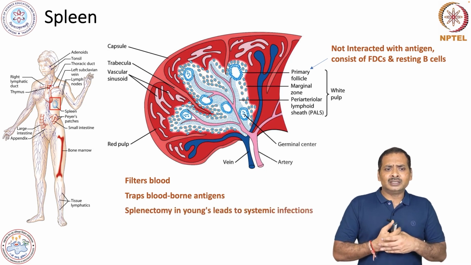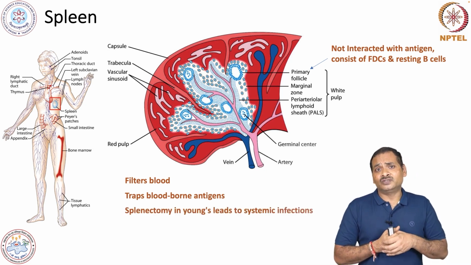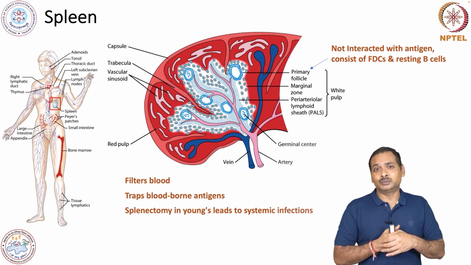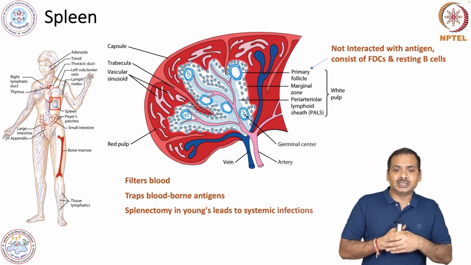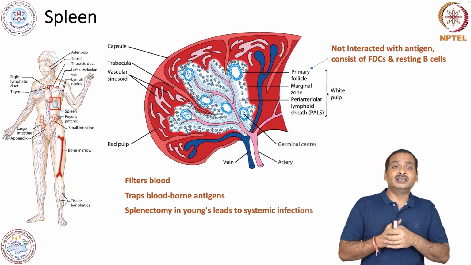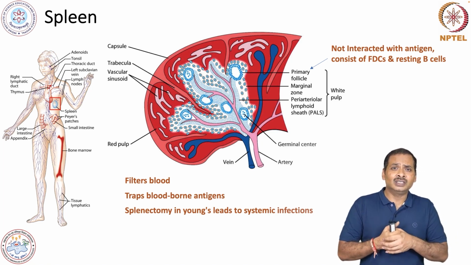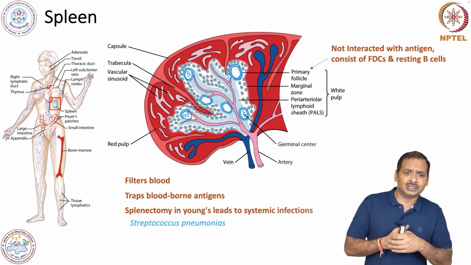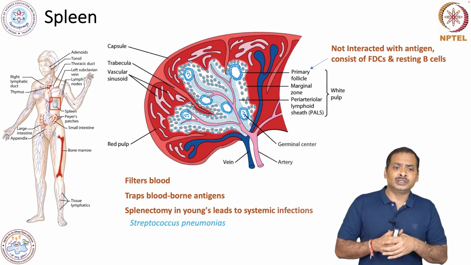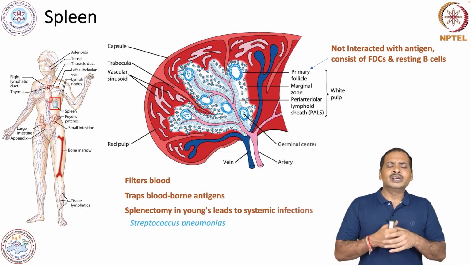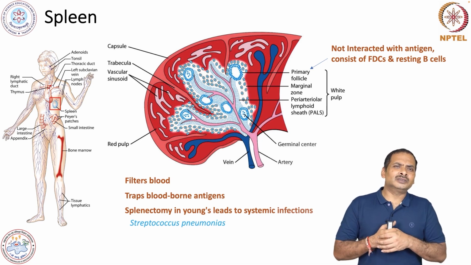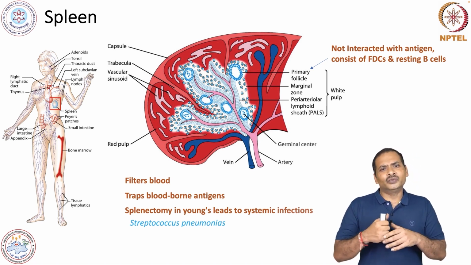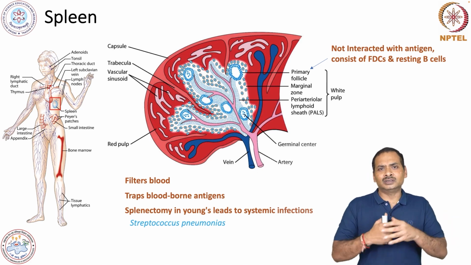If we remove the spleen from a young individual, that can cause a severe problem. It will cause systemic infection, and among systemic infections, some bacterial infections are very common, such as Streptococcus pneumoniae. This is a very invasive bacteria that can cause a wide range of symptoms.